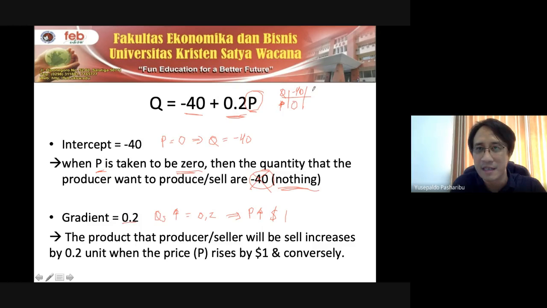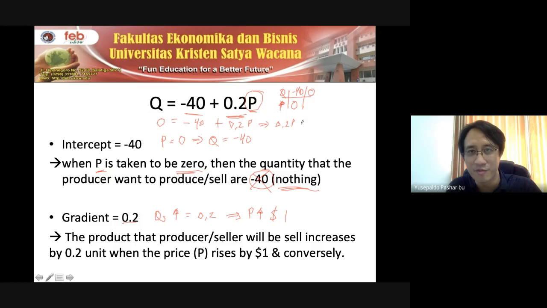Then if Q is 0, find the other number: 0 equals minus 40 plus 0.2P. So 0.2P equals 40.